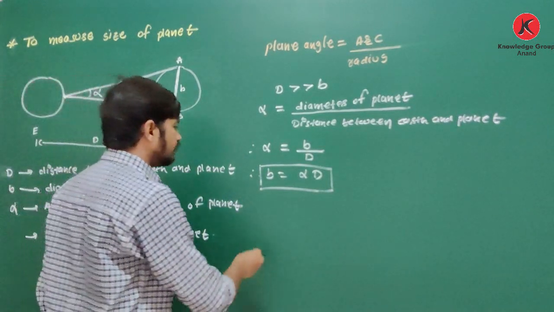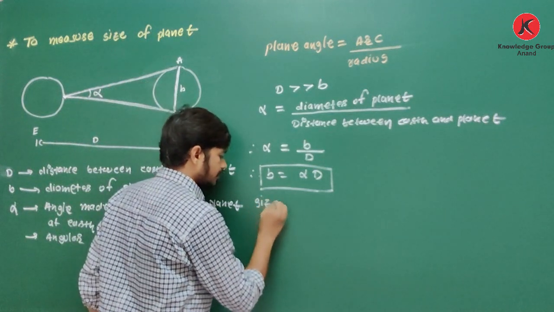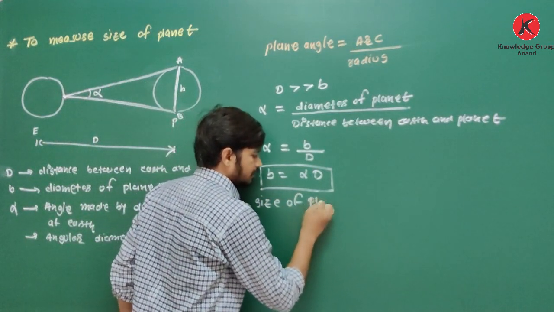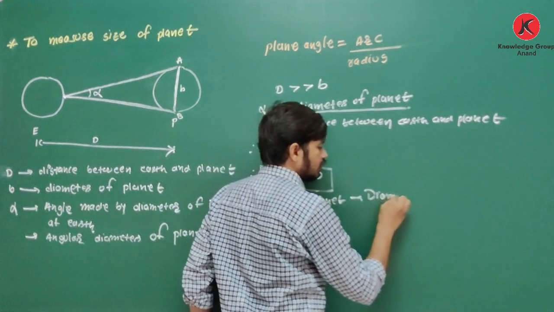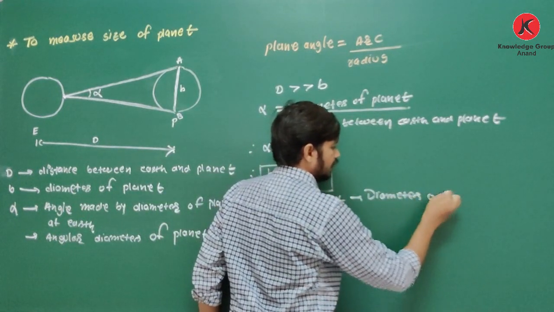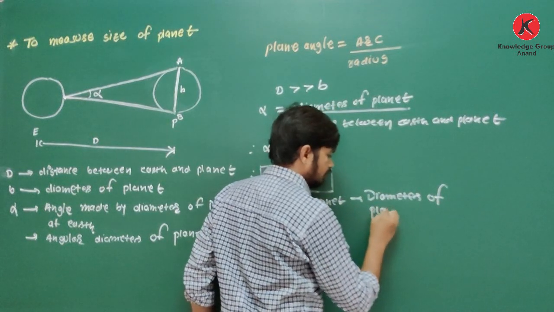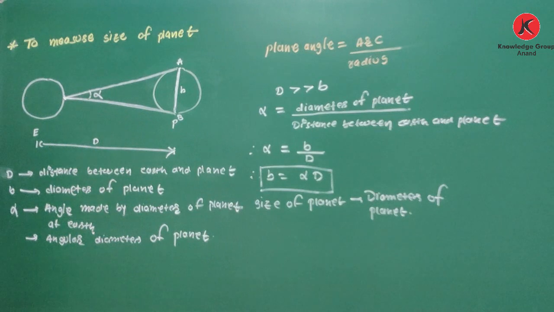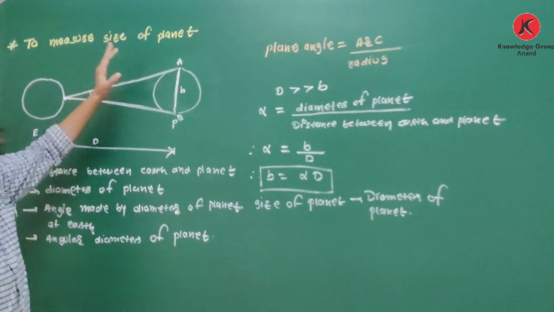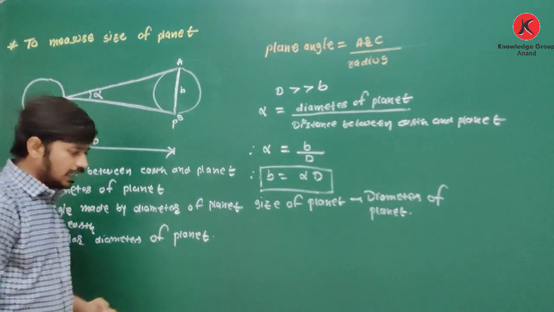With the help of this equation you can find the size of the planet, which means you find the diameter of the planet. So again, it is the parallax method to measure the size of a planet.